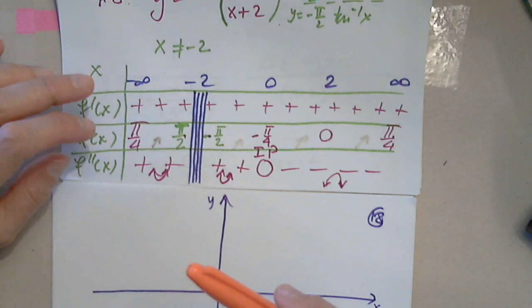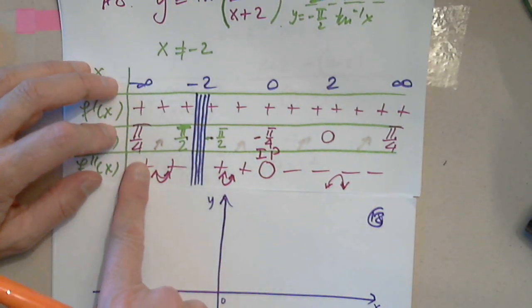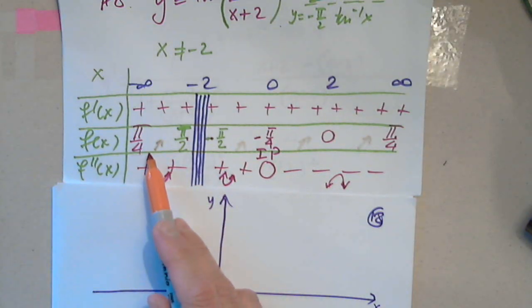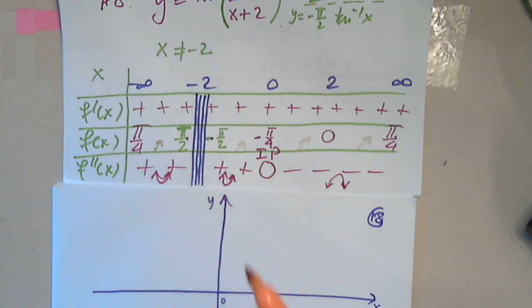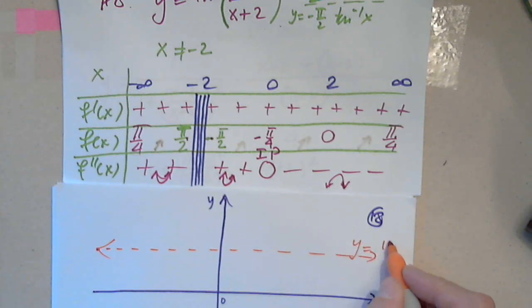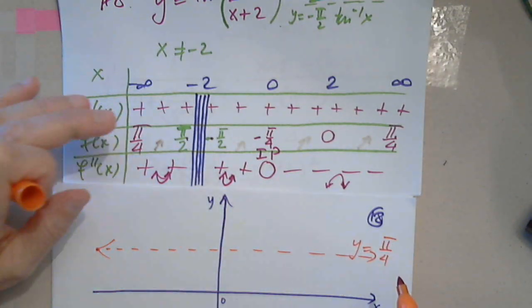Okay, so horizontal asymptote pi over 4. Pi over 4. It's roughly 1. It's less than 1. Y equals pi over 4.